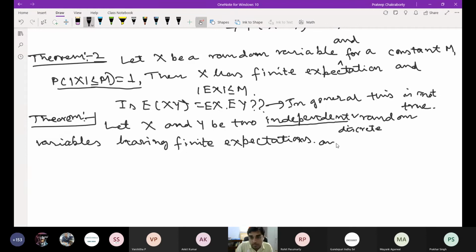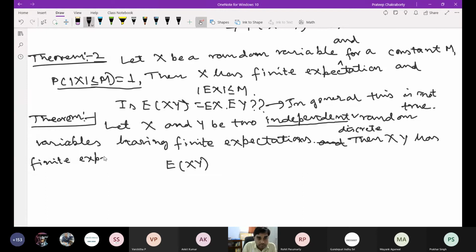Then XY has finite expectation and E(XY) is equal to EX into EY.